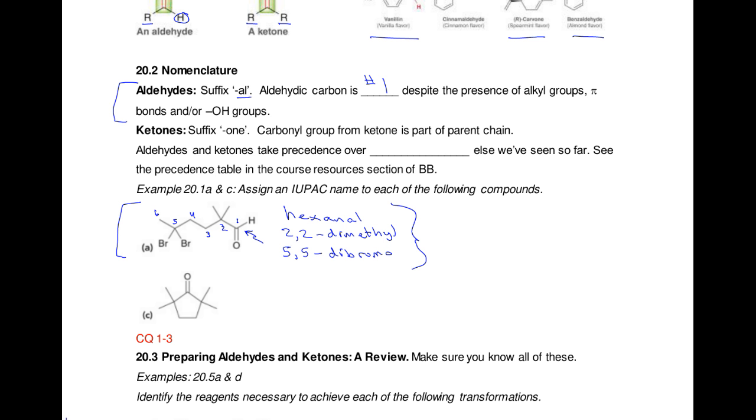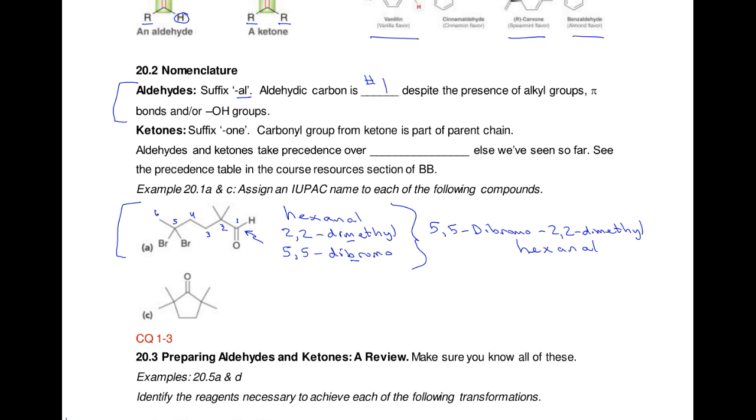You can see that B comes before M, so this compound should be 5,5-dibromo-2,2-dimethyl. I'm running out of space, so I'll put the rest of it down here: hexanal. So 5,5-dibromo-2,2-dimethylhexanal.